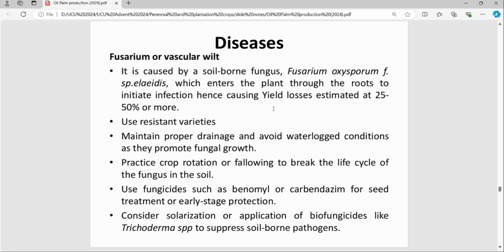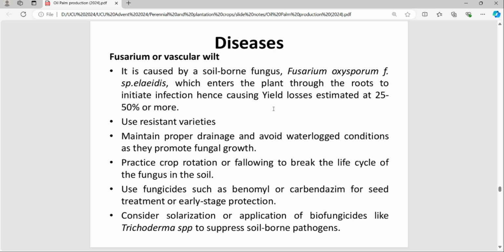Now let's look at the diseases and their management. The first disease is Fusarium or vascular wilt. This is caused by a soil-borne fungus called Fusarium oxysporum, which enters the plant through the roots and initiates infection, hence causing loss between 25 to 50 percent.